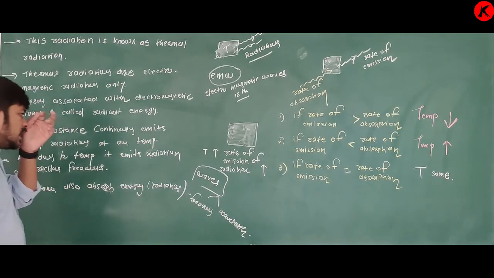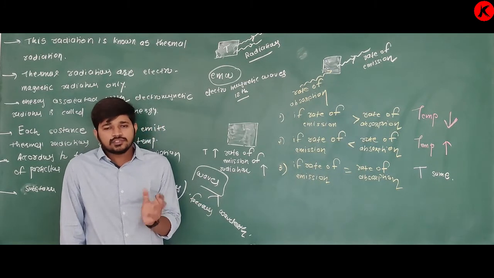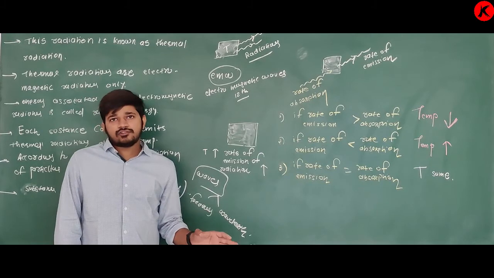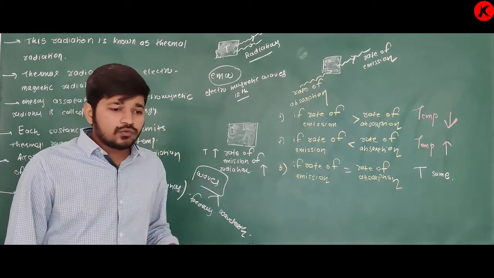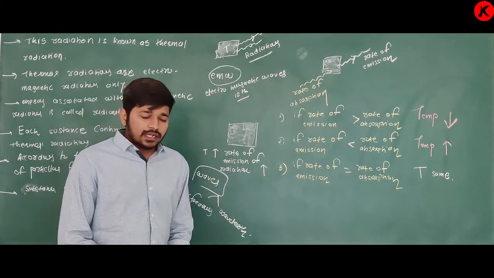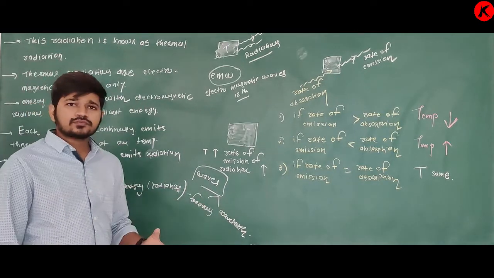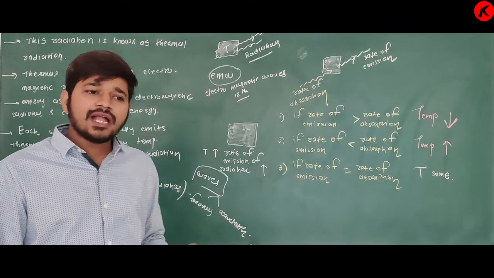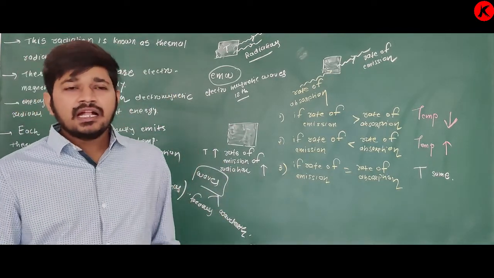Now absorption and emission depend on the material, which type of material you are given. Not every substance will absorb all energy incident on it. Whenever energy is incident on any substance, it is partly absorbed and partly transmitted.